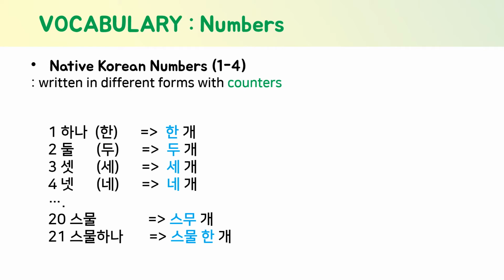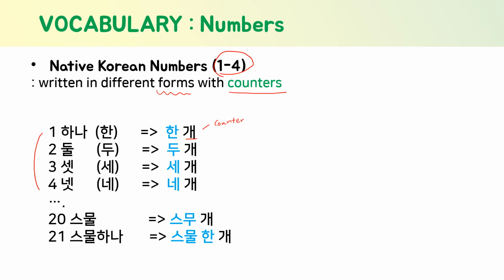So here, the numbers 1 to 4. For native Korean numbers 1 to 4, when they are used with counters, the forms change. For example, here 개 is the counter for things, like fruit and stuff.